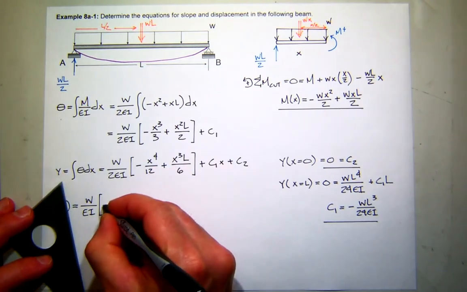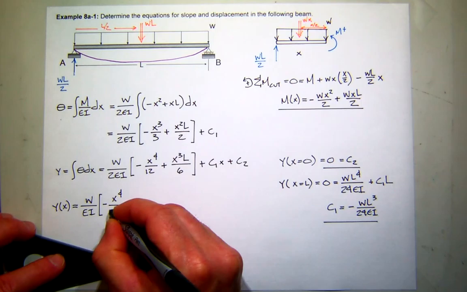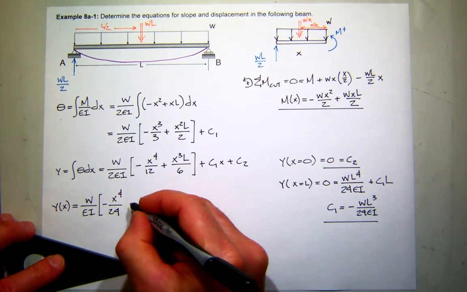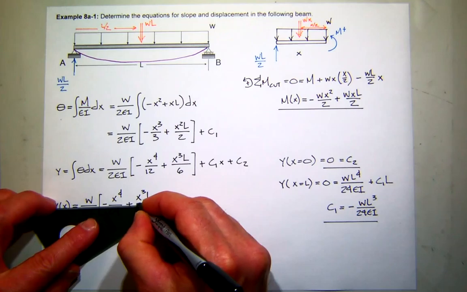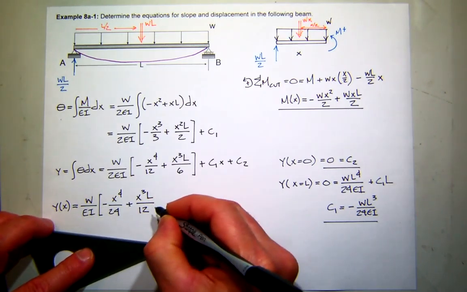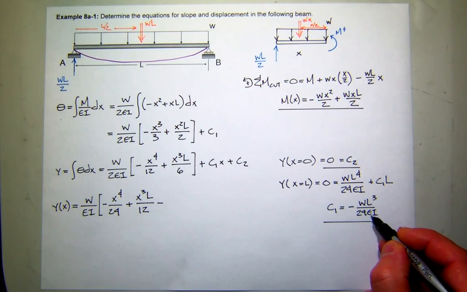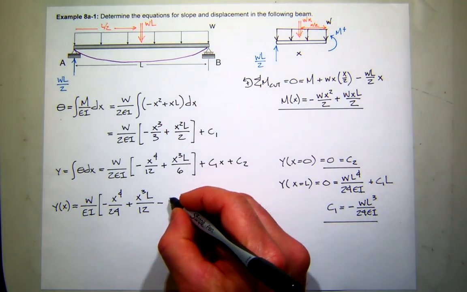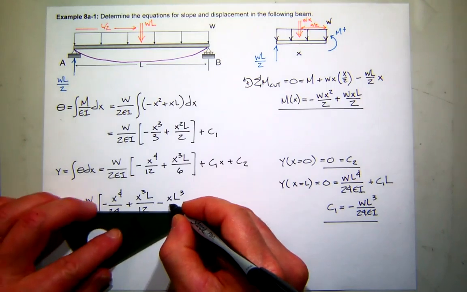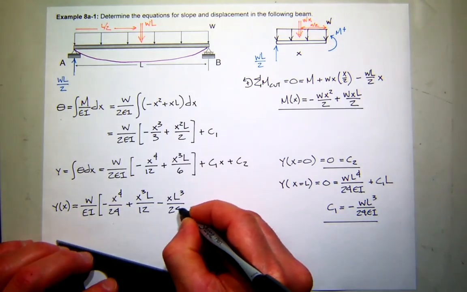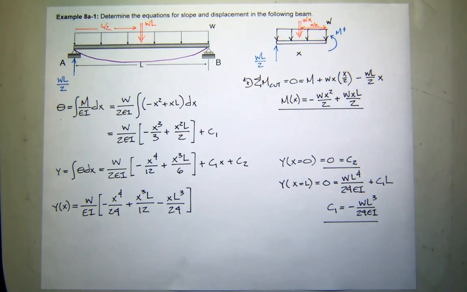So the first term will be minus x to the fourth over 24 plus x cubed L over 12 minus x L cubed over 24. Kind of a mess, but there it is.